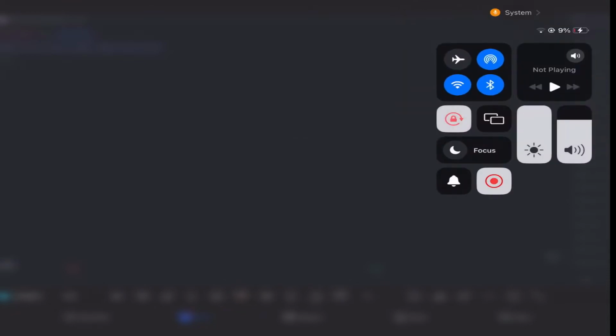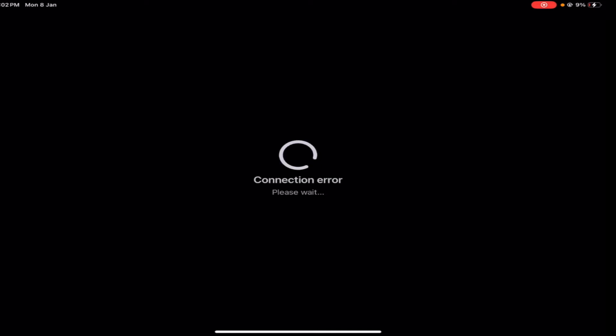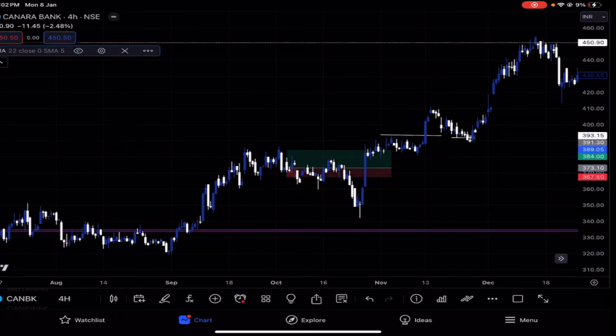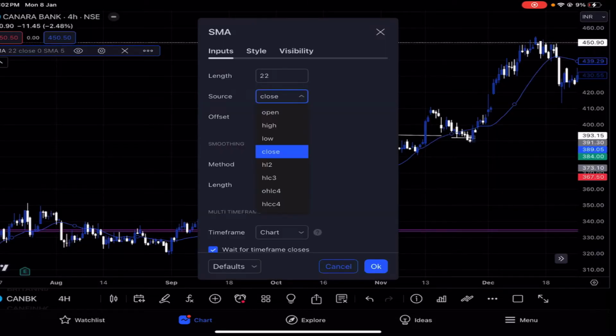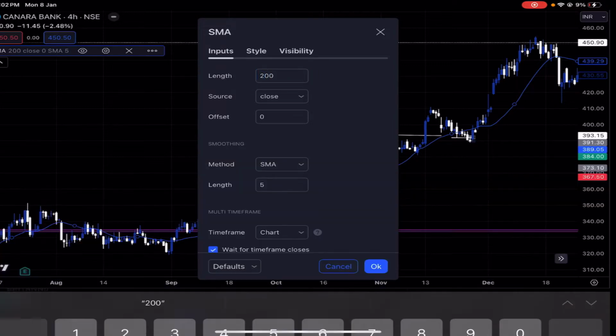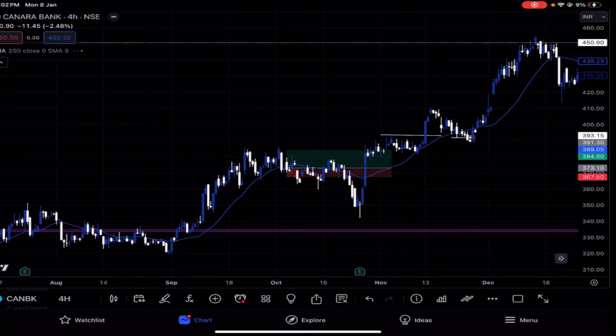So what they basically do is that they use a 200 moving average as a filter. They are just going to use it as a bias. So when the stock is trading above the 200 moving average, they will just assume that it is in an uptrend and they will only look for buying opportunities.